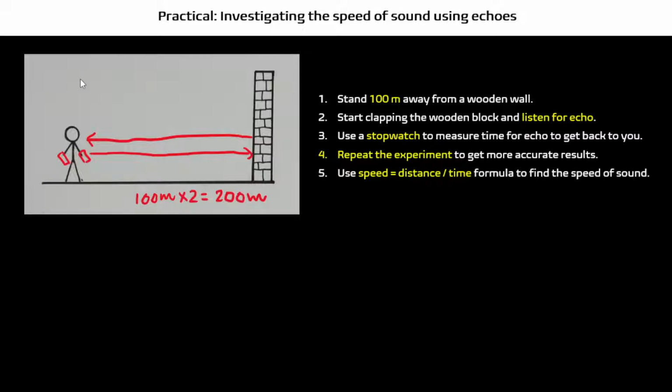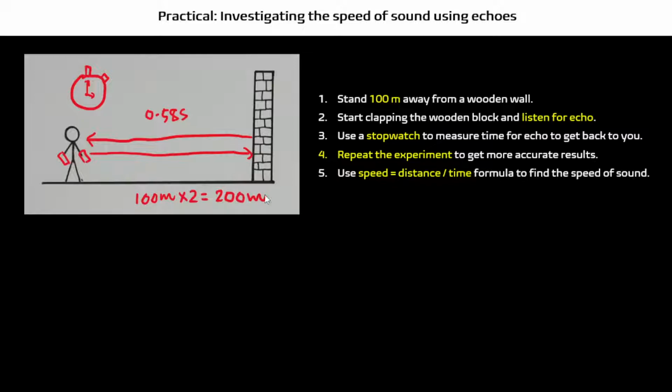And what you will do is you're going to have a stopwatch in your hand and then actually record the time taken for the echo to get back to you. And let's say the stopwatch shows you 0.58 seconds.